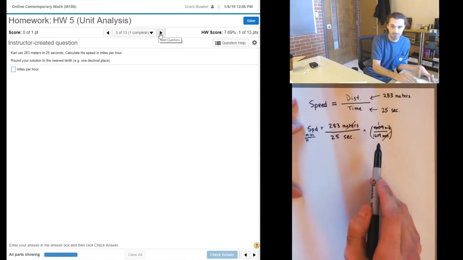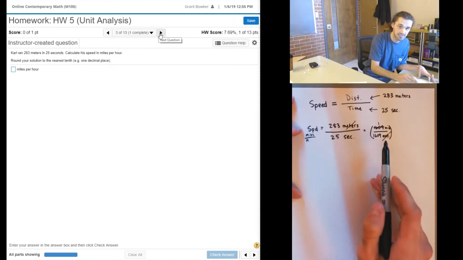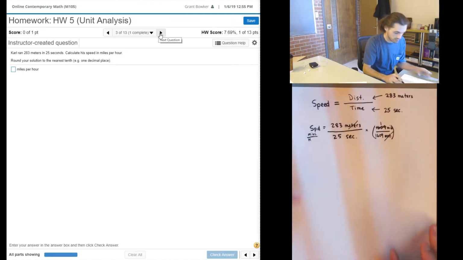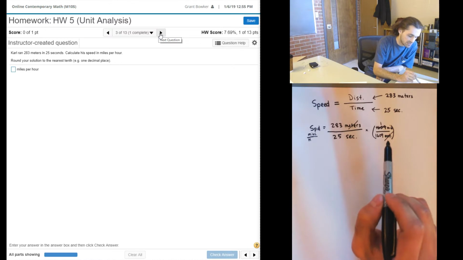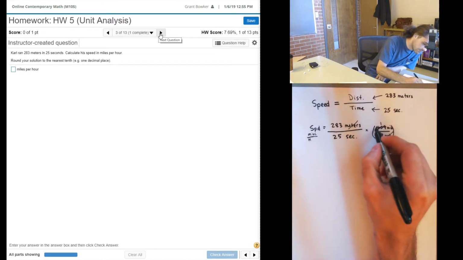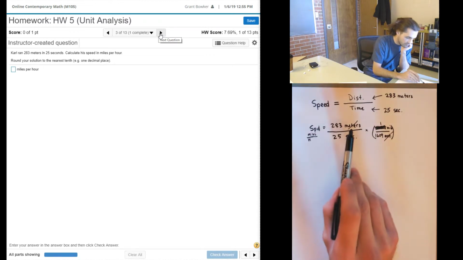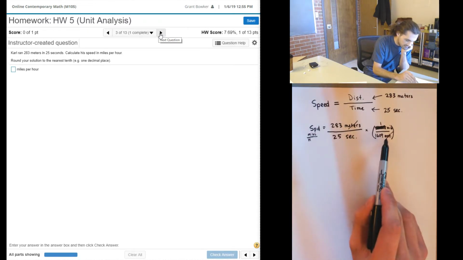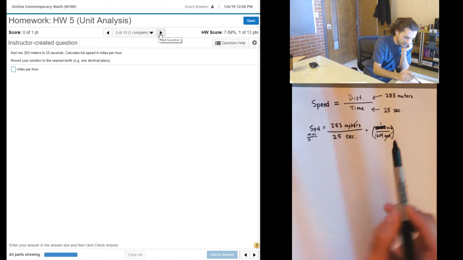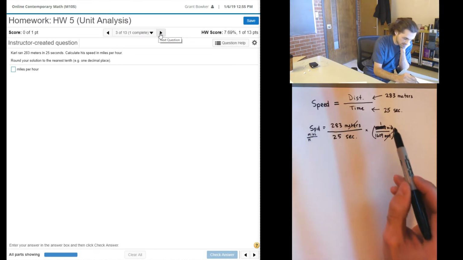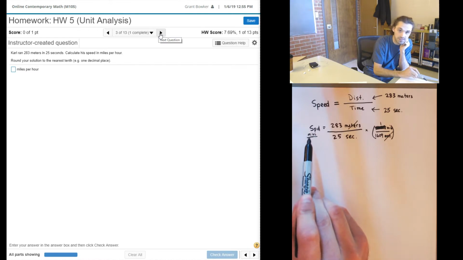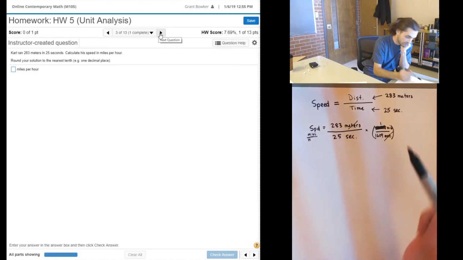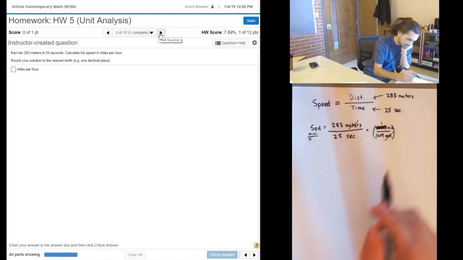Again, this is a relationship that I'll provide to you in any testing scenario, so don't feel awful if you didn't know this relationship between meters and miles. So meters upstairs, introduce meters downstairs, so the meters will go away. I do know a relationship between meters and miles, which is convenient because I do want miles to be introduced, because I do want miles per hour. So I have miles upstairs.